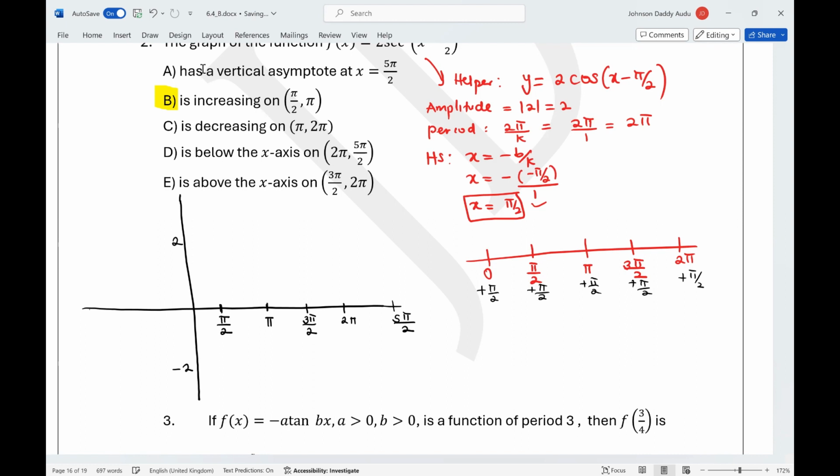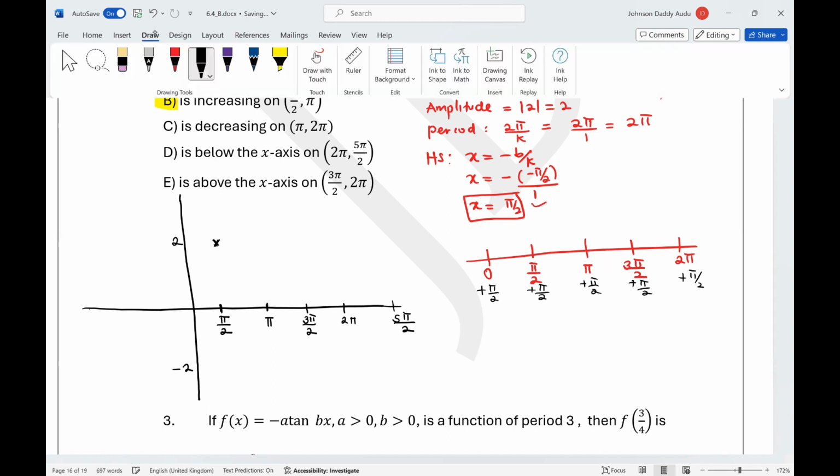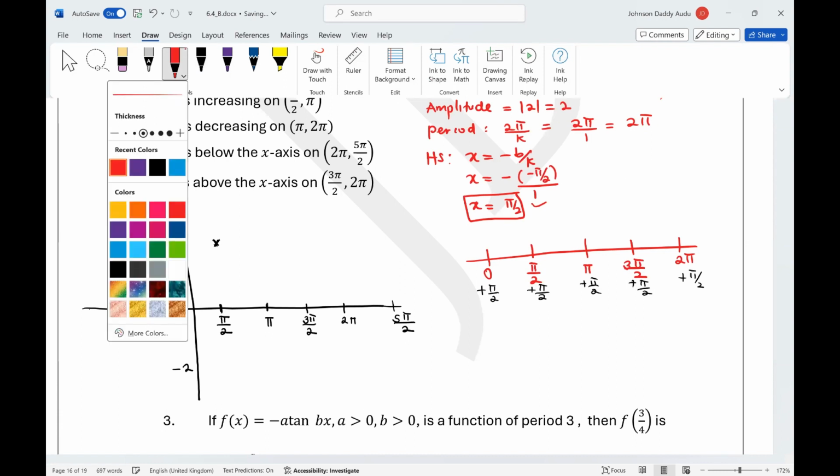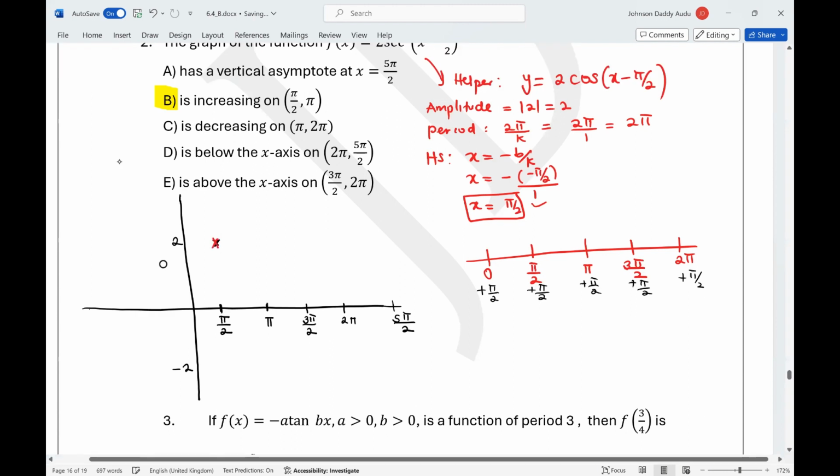So since it's the graph of cosine, it means that what? At pi over 2, we're going to the maximum, which is 2. At pi, we'll be back to the baseline. Then at 3 pi over 2, we'll be back to the minimum.